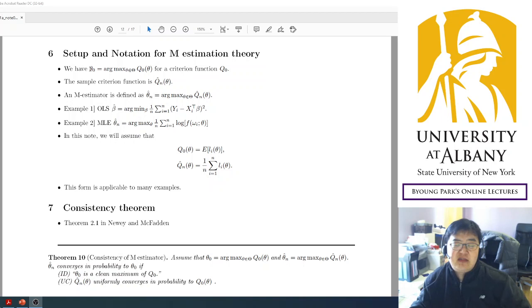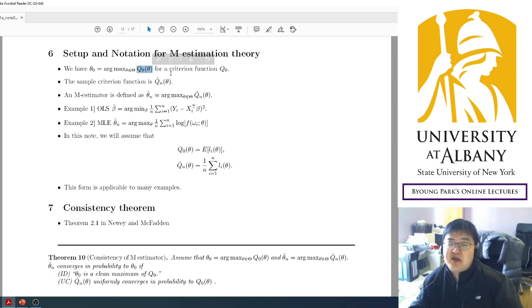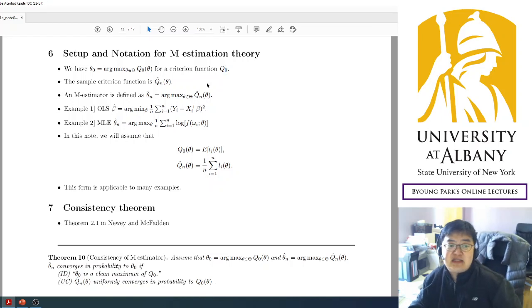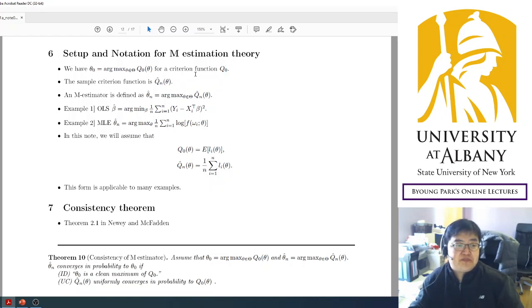So we assume that you have an identification result which says the true parameter maximizes a function q, and q is referred to as the criterion function q0. I usually use subscript 0 for the true value and hat as its estimator counterpart. So we know that the true parameter maximizes the criterion function.